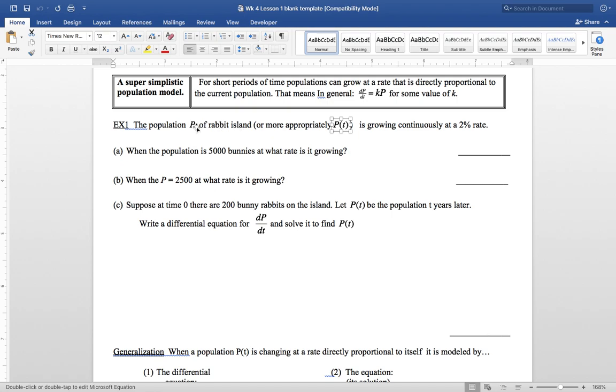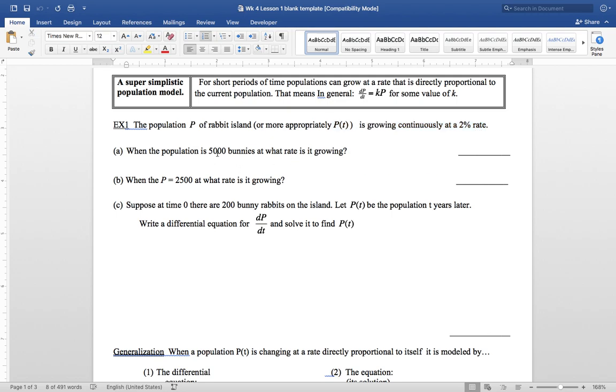Let's suppose that the population P is growing continuously at a 2% rate. What I'm getting at here is that the growth rate is 2% of the current population. That's what I'm getting at with this sentence here.